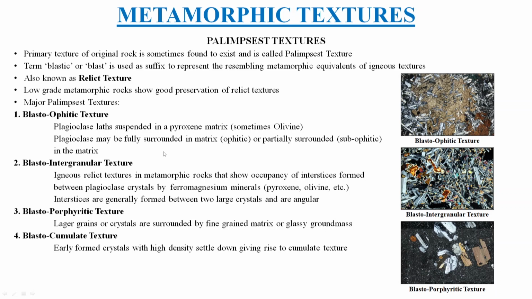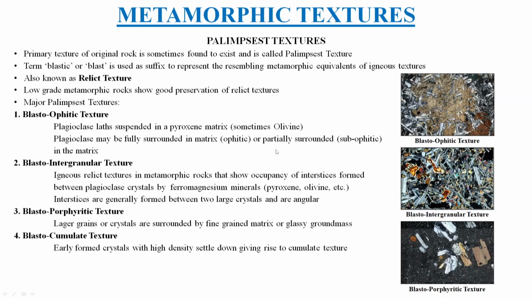Again, talking about intergranular texture, it is an igneous texture. So your igneous relic texture in metamorphic rock shows occupancy of interstices found between plagioclase crystals by ferromagnesian minerals like pyroxene and olivine. You can relate it with the simple intergranular texture of your igneous rock, where you have sets of plagioclase grains which are interlocked in a triangular fashion, and the interstitial spaces are filled up by some groundmass.